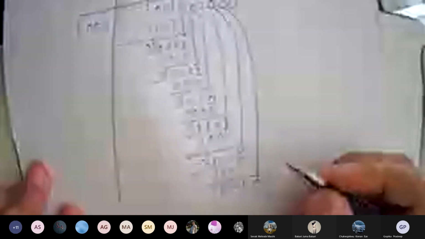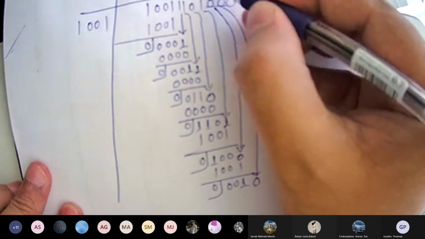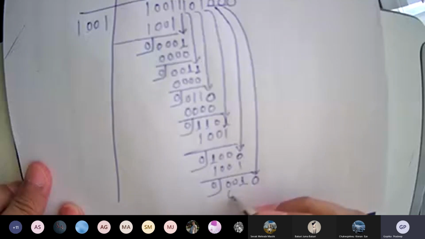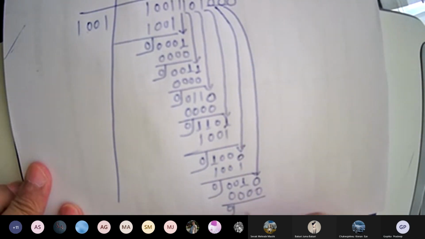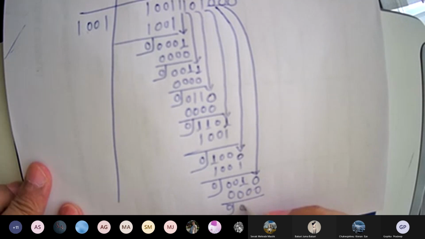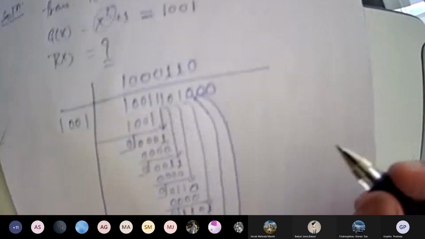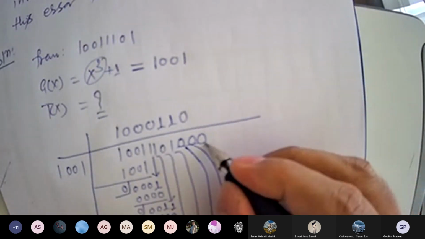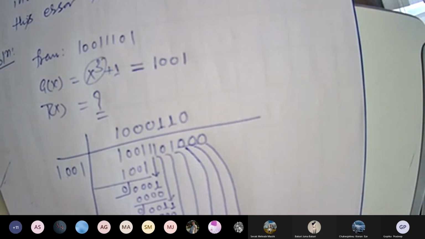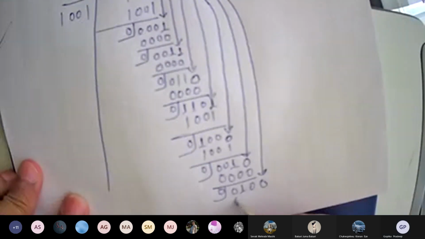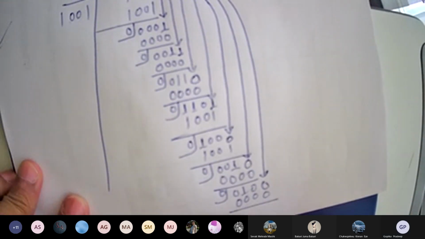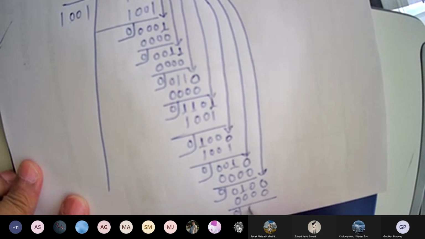Now how many times? 0 times. 0000. So 0 will be discarded. This is 010. One more 0 is left up, so this 0 will come. How many times can you divide now? 0. So this will become 0000. This 0 will be discarded.